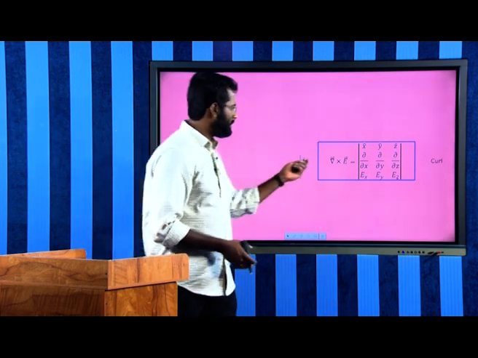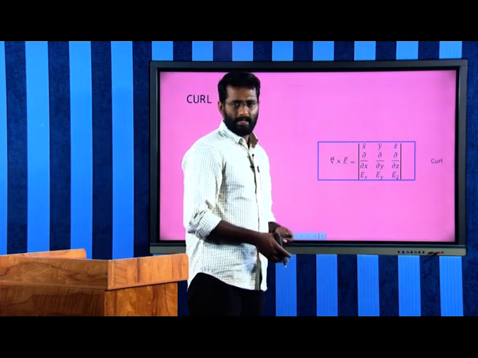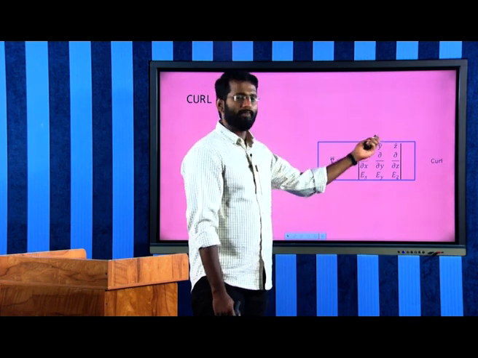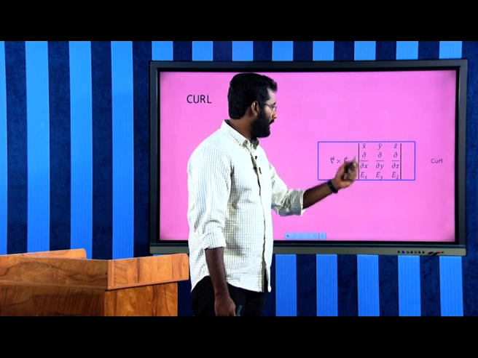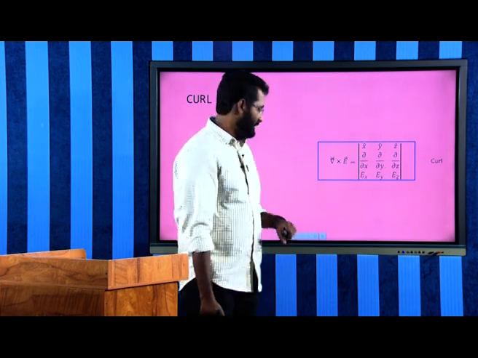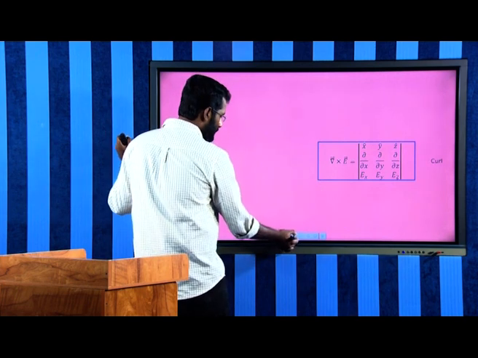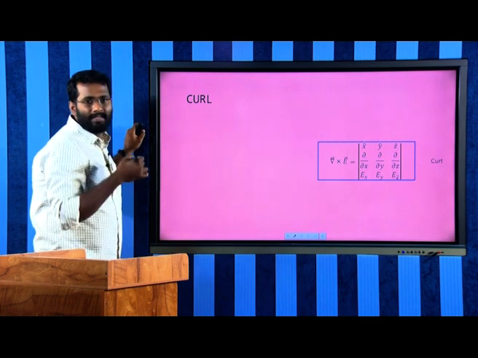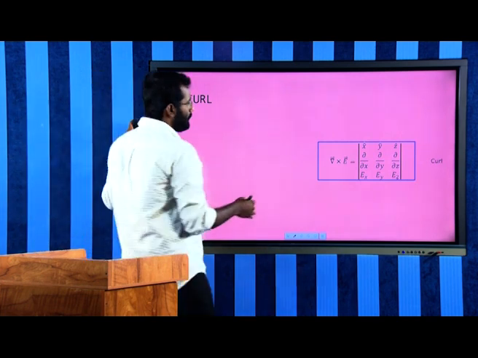Curl is expressed as del cross E, which is the determinant of x cap, y cap, z cap, then dou by dou x, dou by dou y, dou by dou z, and Ex, Ey and Ez. What are Ex, Ey, Ez? We are taking the cross product with a vector field.